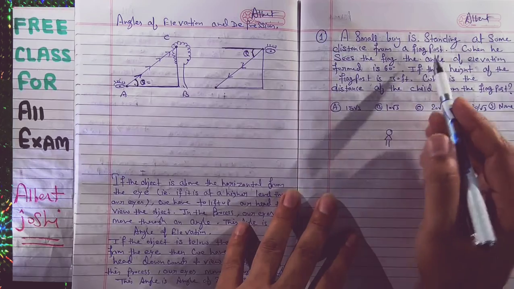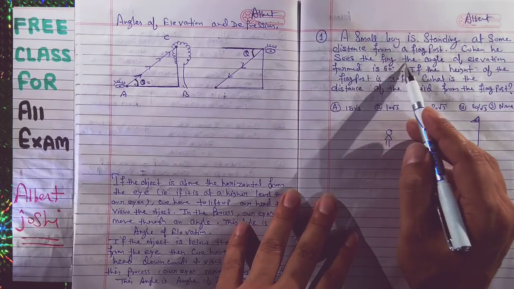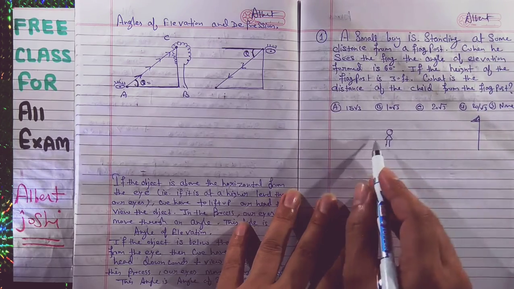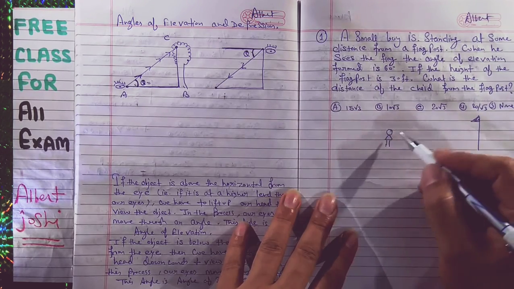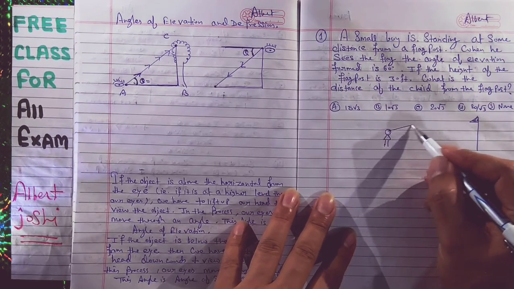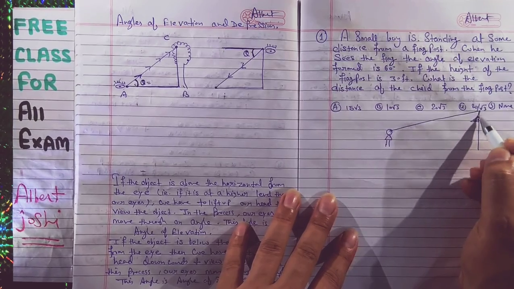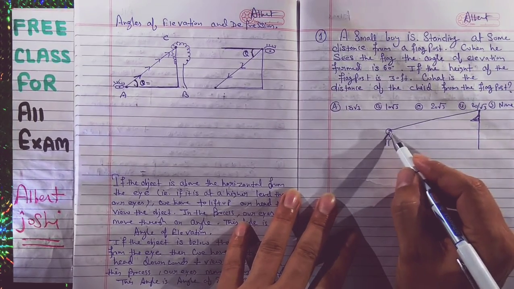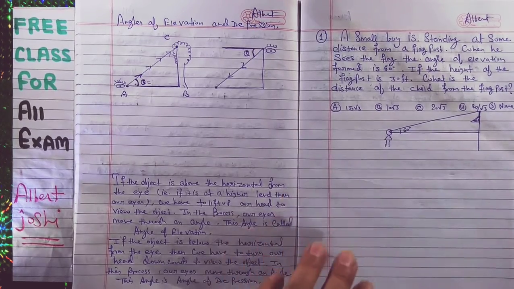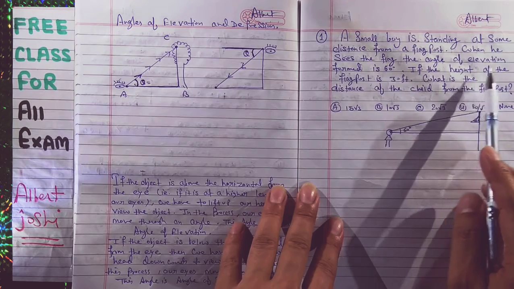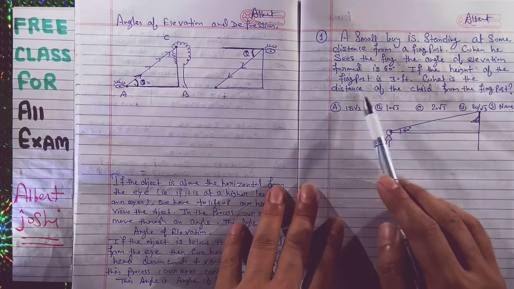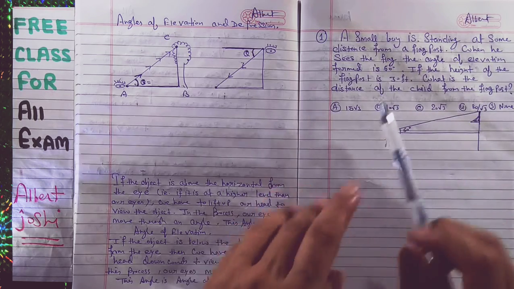When he sees the flag, the angle of elevation, meaning he is looking upward, formed is 60 degrees. If the height of the flag post is 30 feet, what is the distance of the child from the flag post?